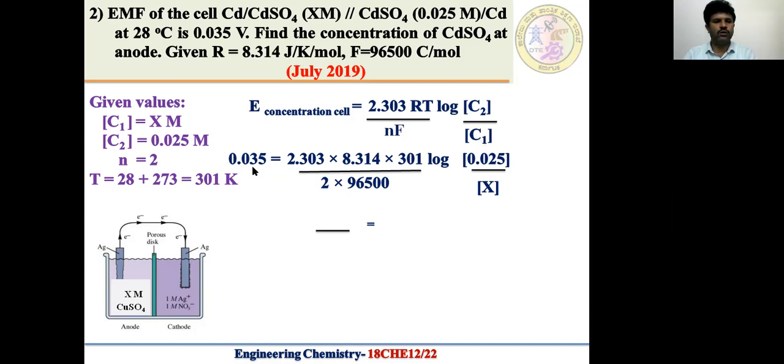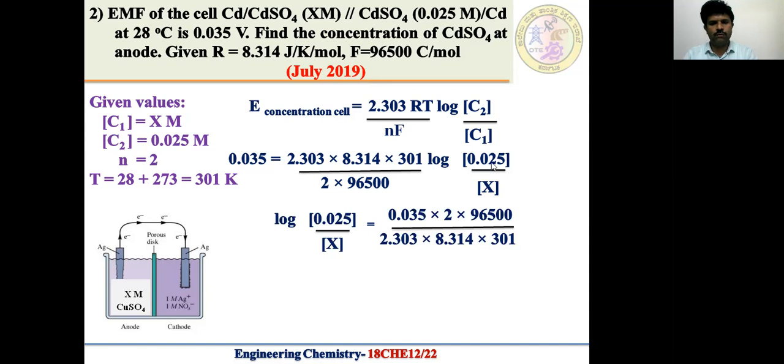So given EMF is 0.035 is equal to 2.303, R value is 8.314 and T value is 301, divided by value of N is 2 and value of F is 96,500, log of the concentration of cathode electrolyte is 0.025 and electrolyte concentration at anode is X. So why did I select this equation? Because it is not 25 degrees, it is 28, so it is not under standard condition. So we should substitute all these values in the equation.